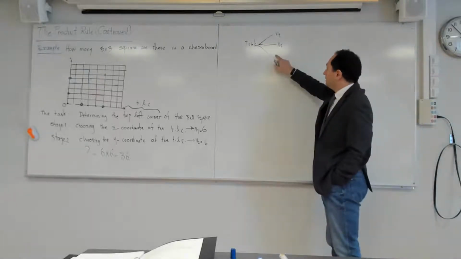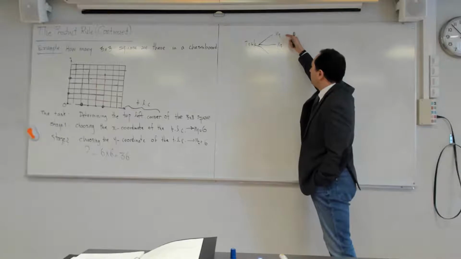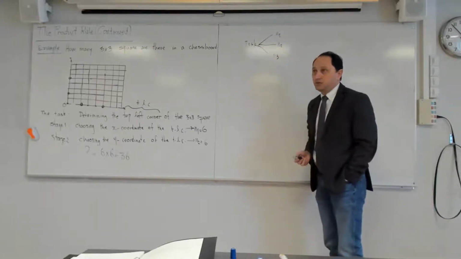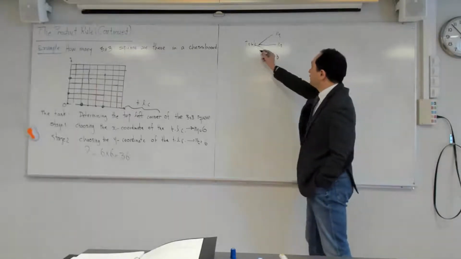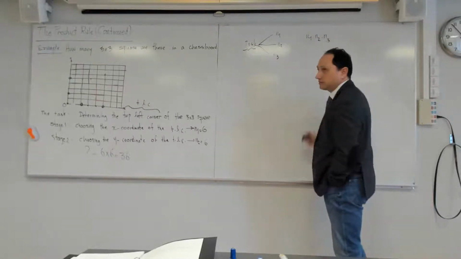The third one, independent of how the first one and the second one are done, can be done in n sub 3 ways. Then, to accomplish the task, I have this number of different ways.